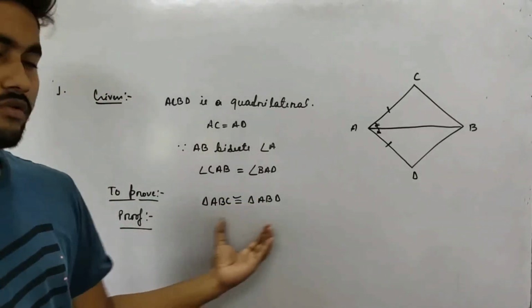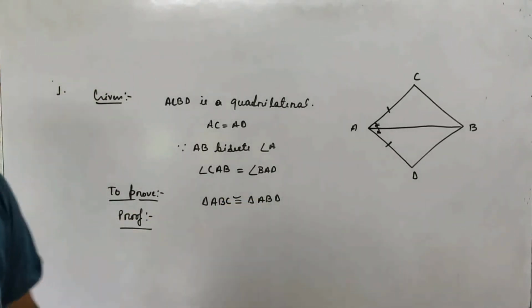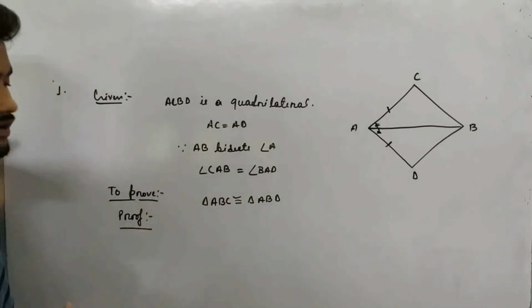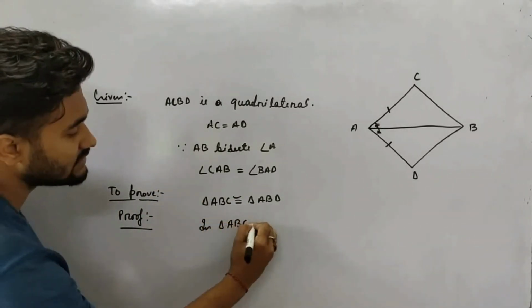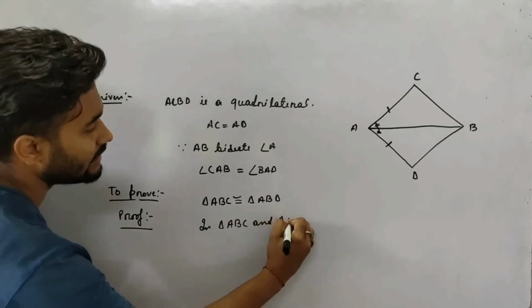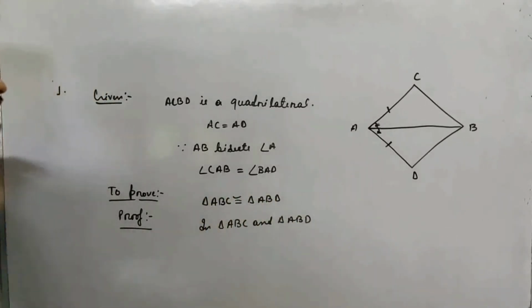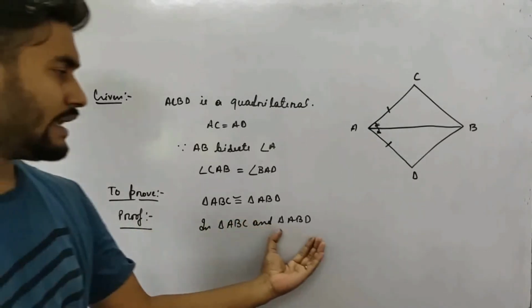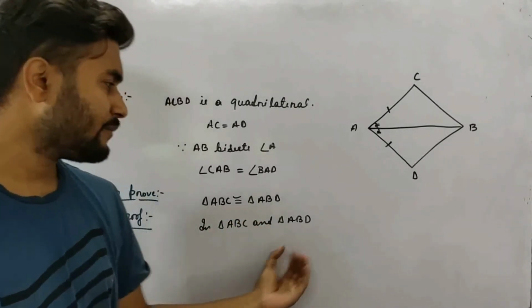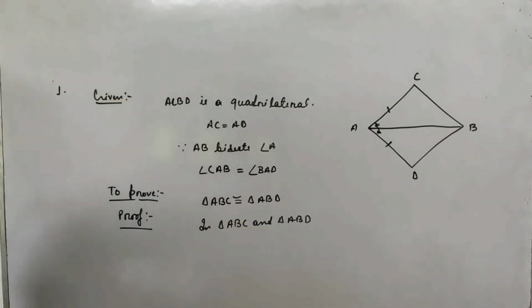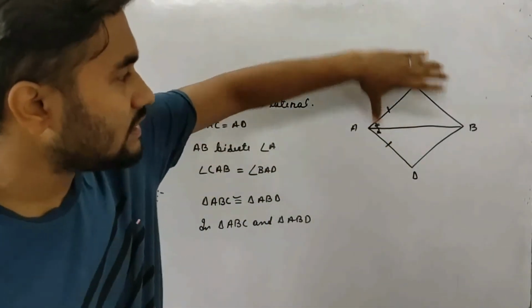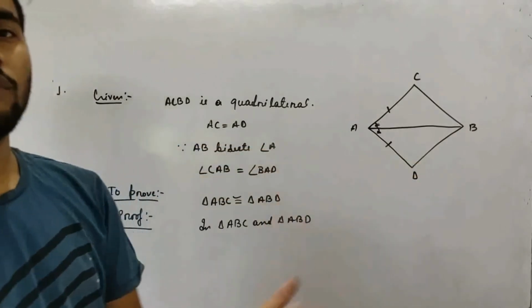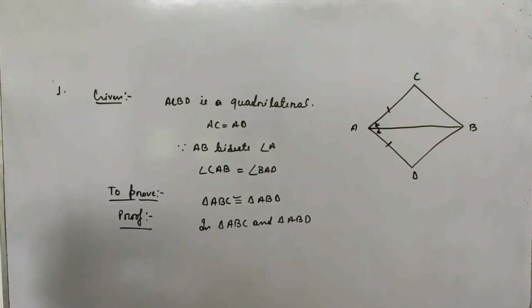How to start to prove two triangles are congruent? At first you will name the triangles this way: in triangle ABC and triangle ABD. You see what are the things that are equal.